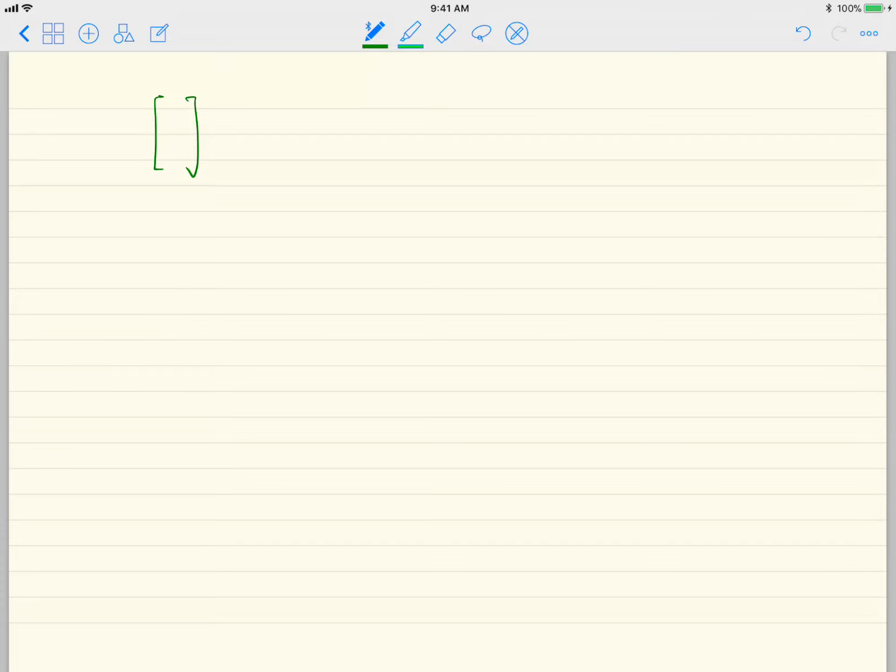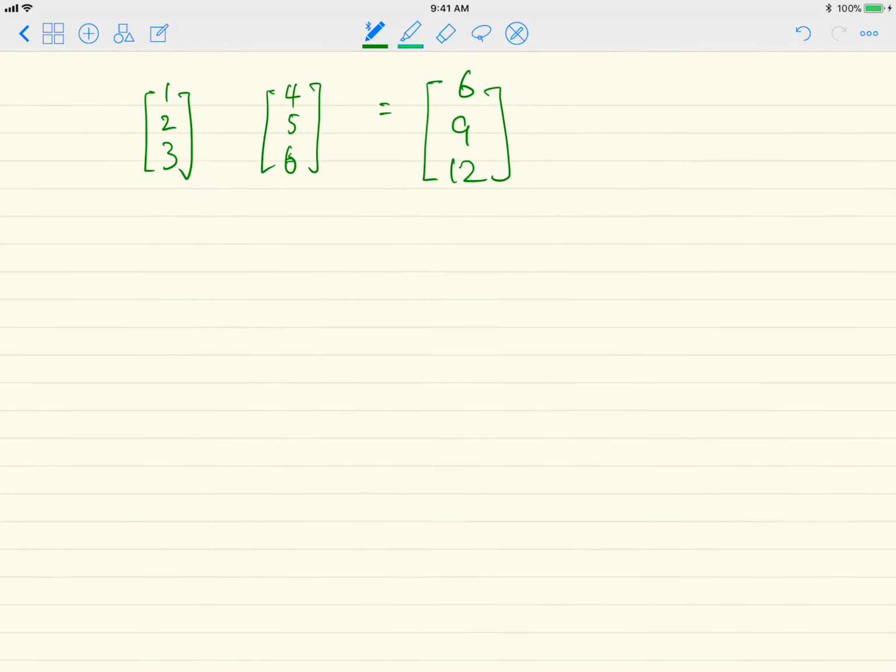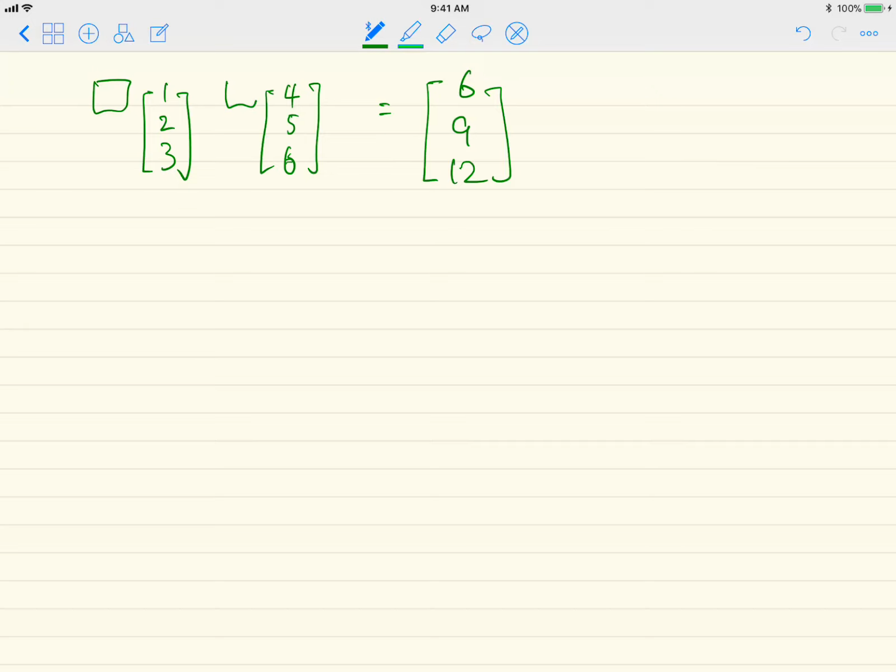Suppose we have v1 as (1, 2, 3) and v2 as (4, 5, 6), and suppose we are given a vector equation like this.